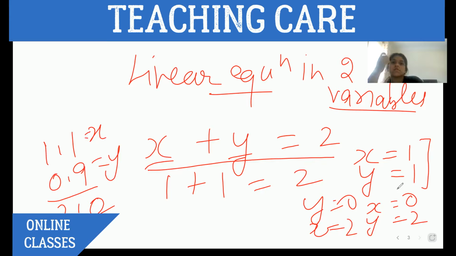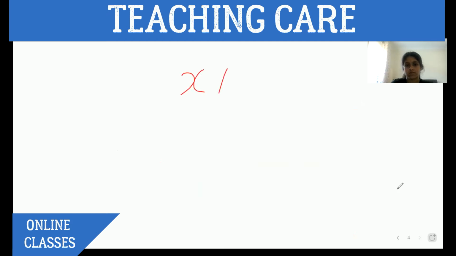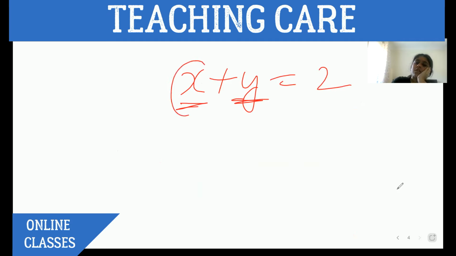So we are not sure just by looking at a single equation what its value is going to be, unless we know one value. Either I have the value of x, then I can find the value of y, or I have the value of y, then I can find the value of x. Or another way is two relations between the variables. My first equation is telling me that these two variables on addition give me 2.